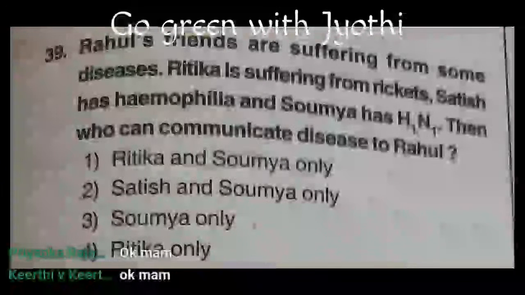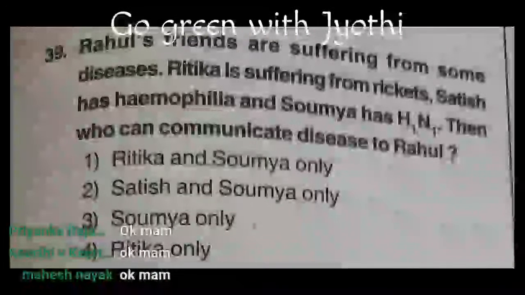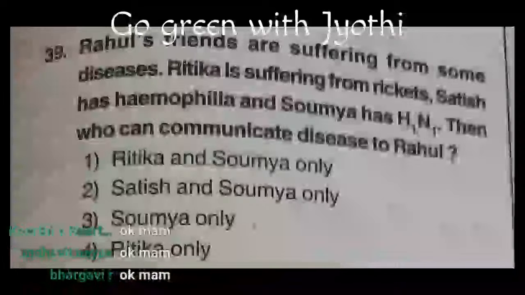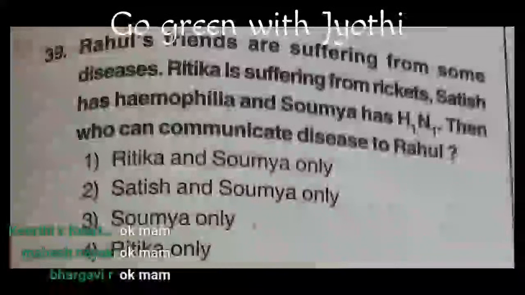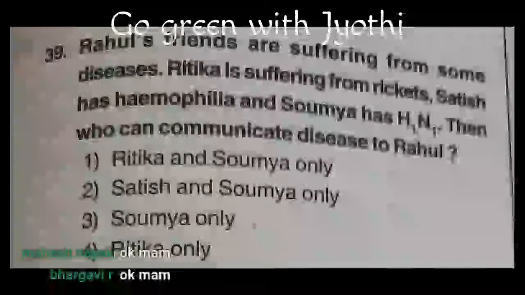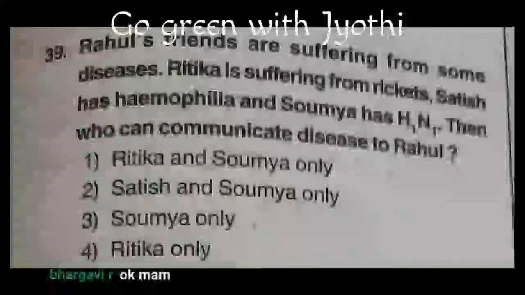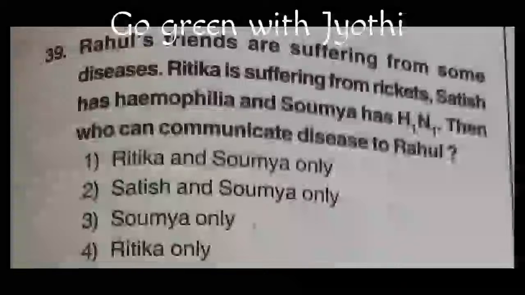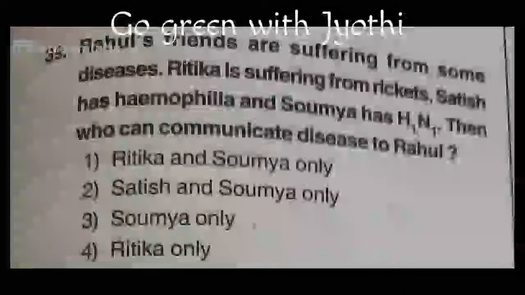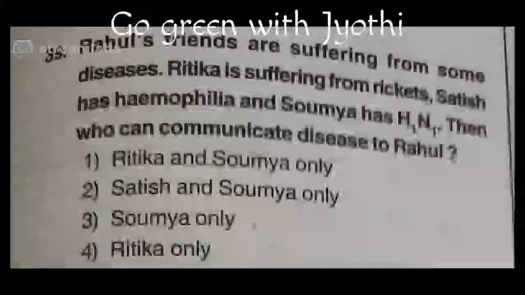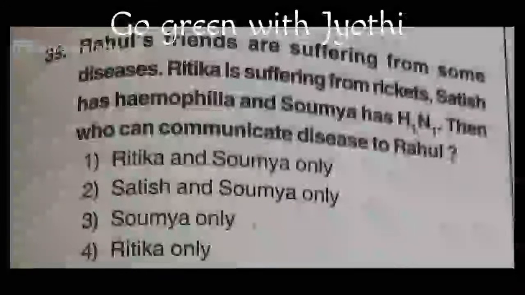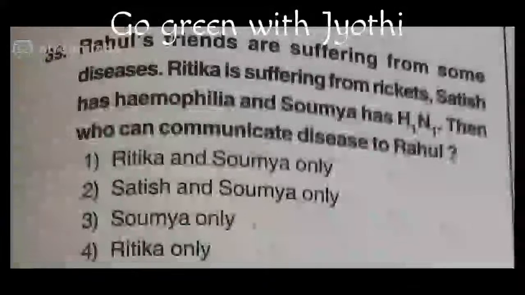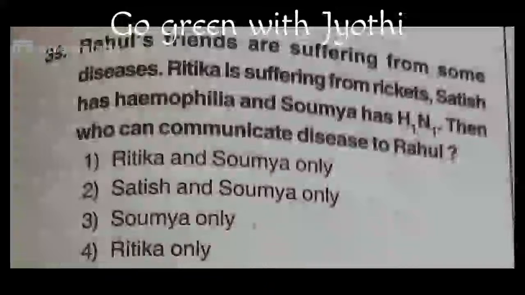Look at the question. Rahul's friends are suffering from some diseases. Ritika is suffering from a bone problem called rickets. Satish has hemophilia. Hemophilia is an X-linked disease, X chromosome linked disease.